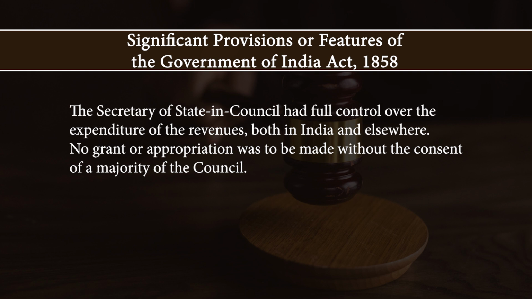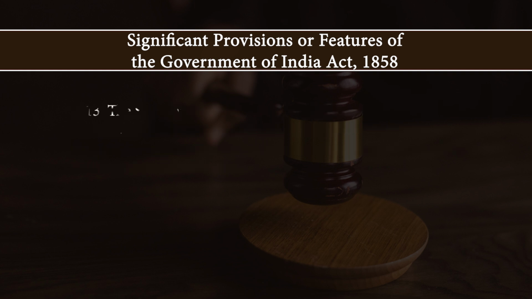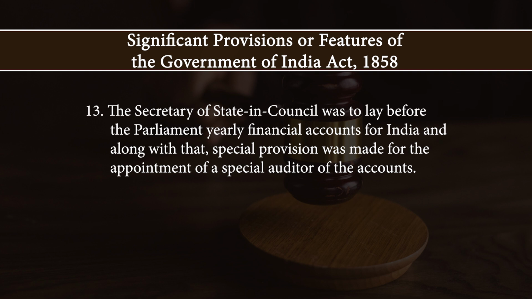No grant or appropriation was to be made without the consent of the majority of the council. Another feature, the Secretary of State and Council was to lay before the Parliament yearly financial accounts for India, and along with that, special provision was made for the appointment of a special auditor of the accounts.